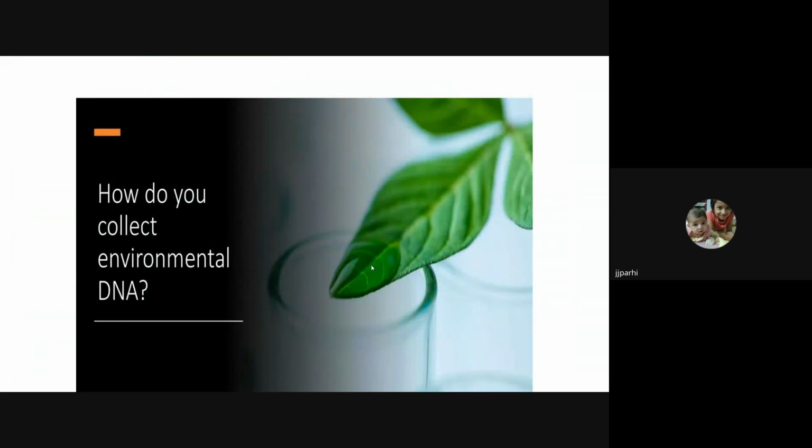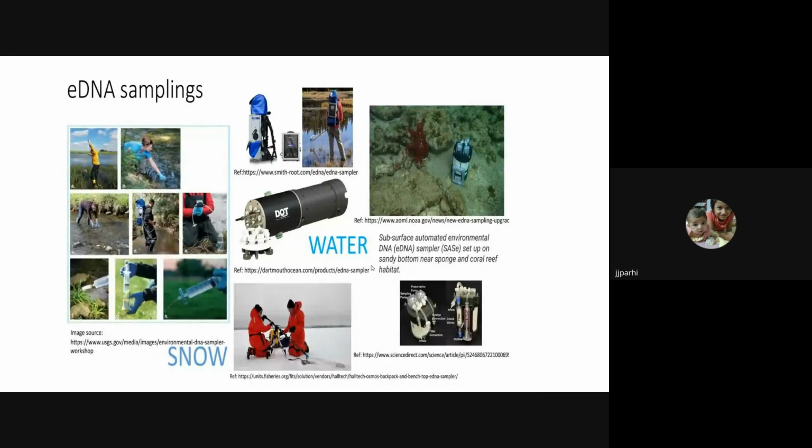How will we collect environmental DNA? As I said, we collect it from the environment, either from a water source or sediment. These are some of the sampling systems by which we collect DNA from water.